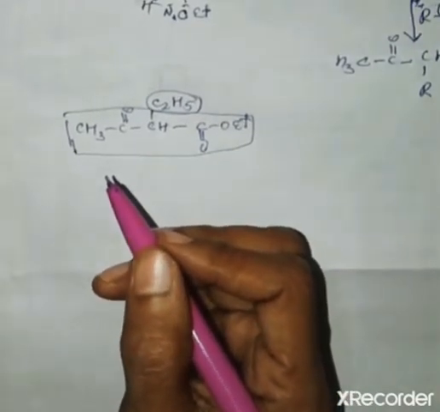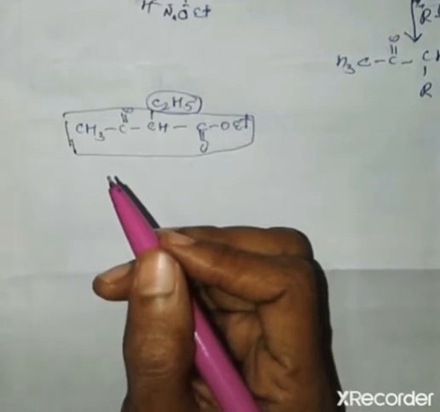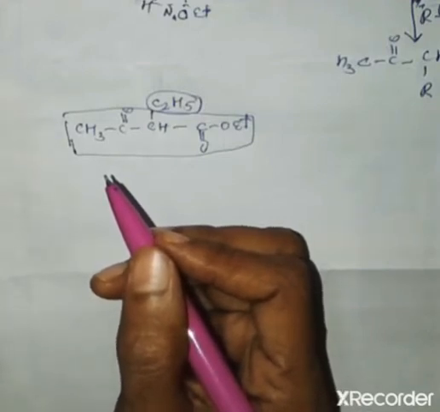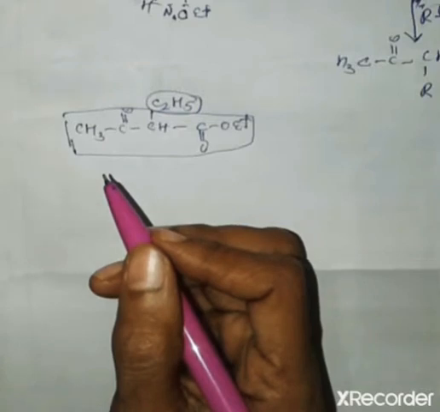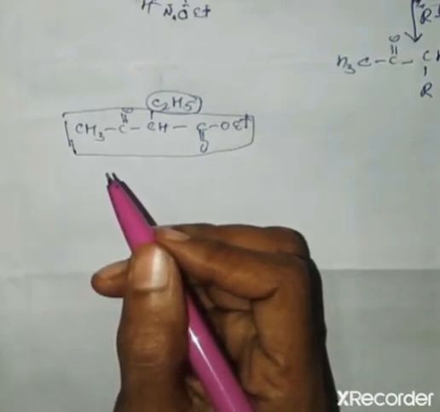How can we synthesize this compound starting from ethyl acetoacetate? The first step is the treatment of ethyl acetoacetate with sodium methoxide, and the second step is the treatment of the resulting enolate anion with the corresponding alkyl halide.